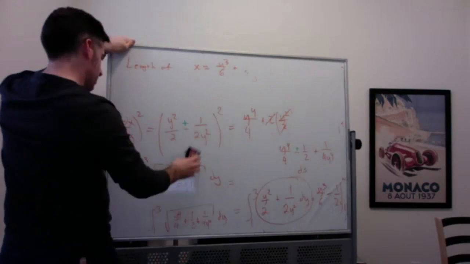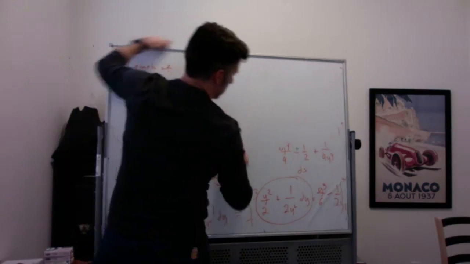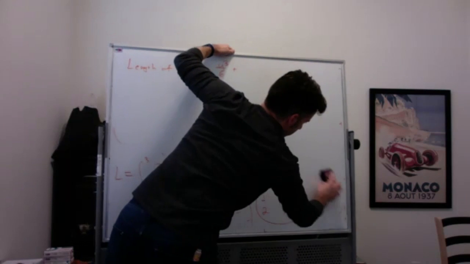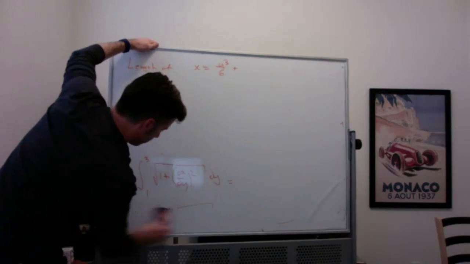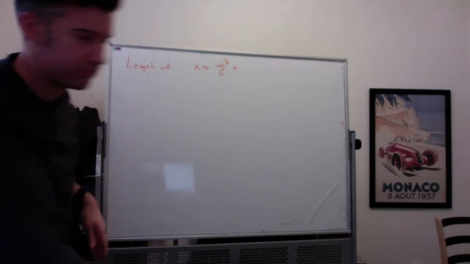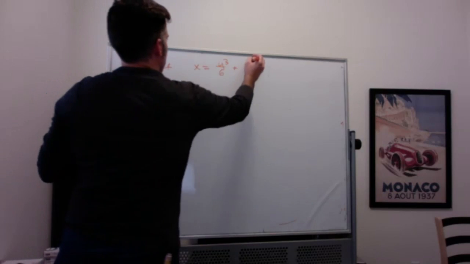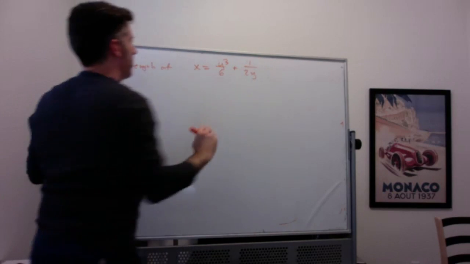Maybe not you either. We'll see. Okay, what was the function? It was 1 over 2y. Yeah, okay. So here's the thing.